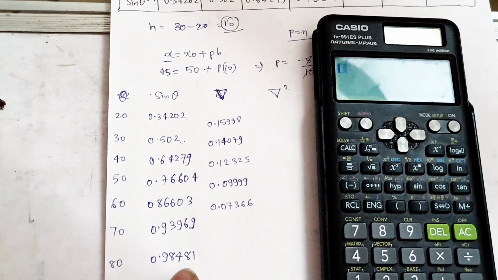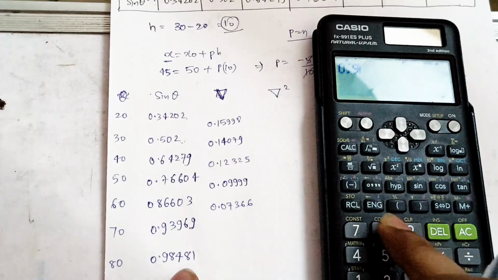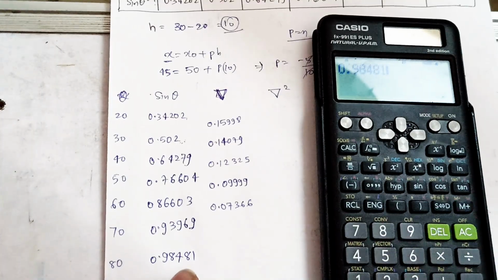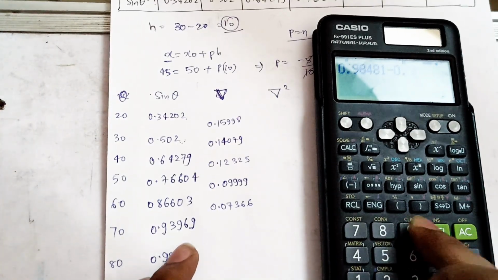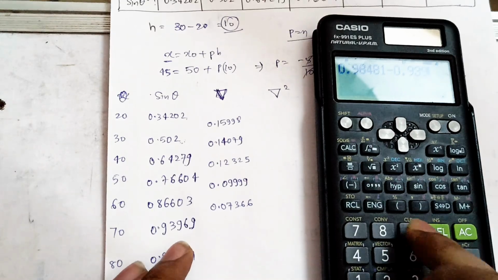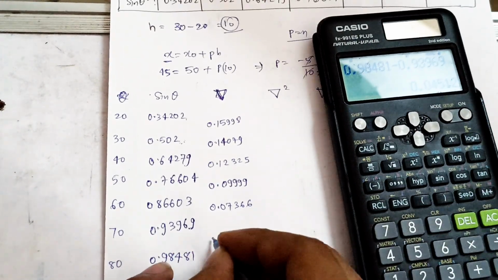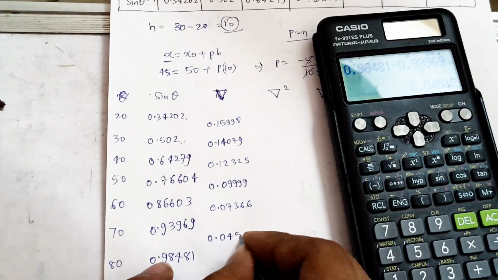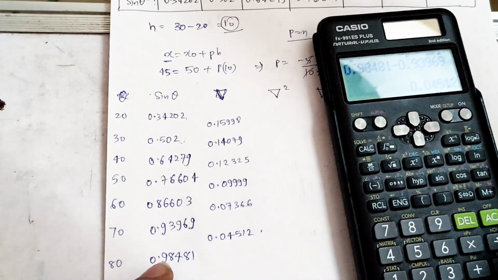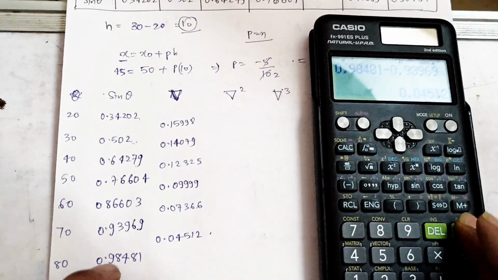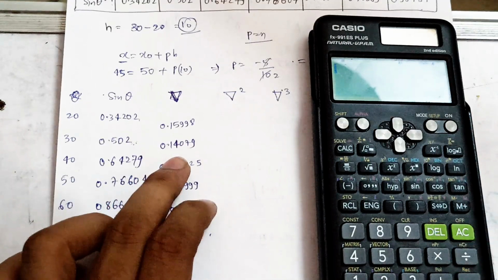The last value for this is 0.9848 minus 0.93969, and that will be equal to 0.04512.